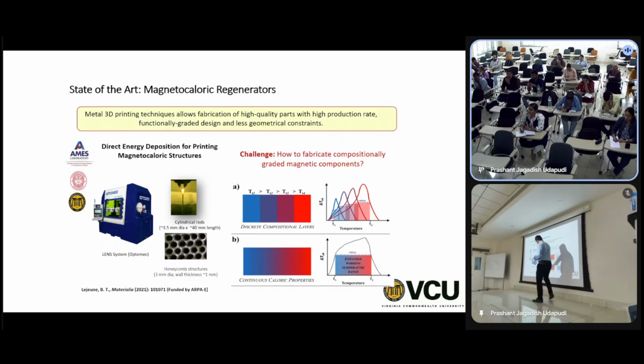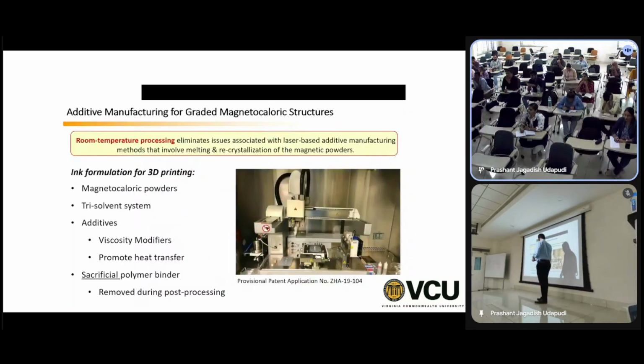Okay, so this might be too big pores, but this was one of the structures that was printed using another magnetic material in Ames Lab, using the LENS system.